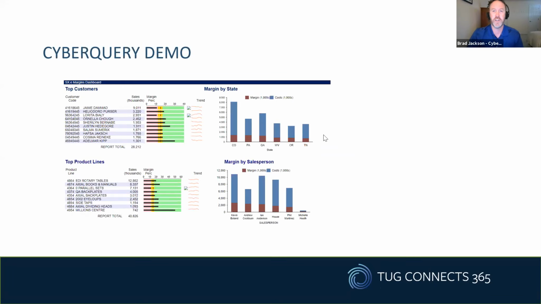So with CyberQuery, it contains its own web server, and there's a couple different applications here, but for today, I'll jump into the CyberQuery for SX.e demonstration. So this is the report developer, how you can develop a query within CyberQuery. It's asking you different ways to do it. We have multiple graphical ways to do it, as well as a language way. So for today, I'm going to choose some report, click next.